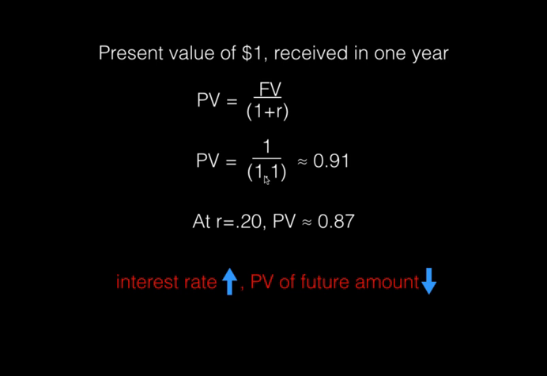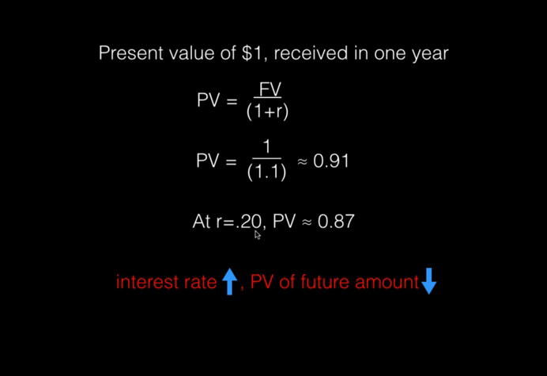So this is just a copy of what we just had, and now if we change the interest rate, if I had an interest rate of 20%, then I'm discounting the future payment more. So instead of giving me 91 cents, it's now 87 cents, because the higher that interest rate is, the more costly it is to wait to receive that amount in the future, so the lower the present value is.